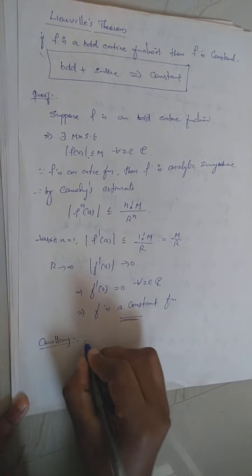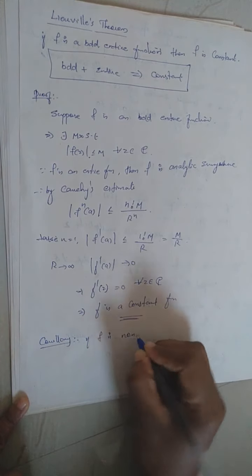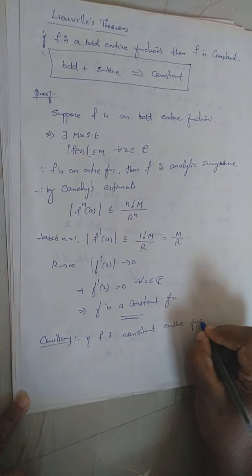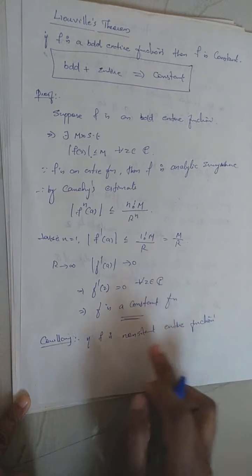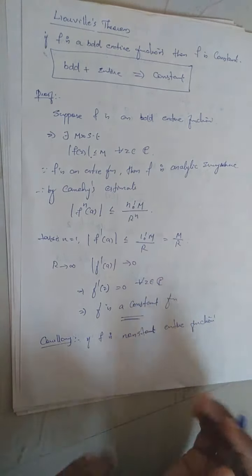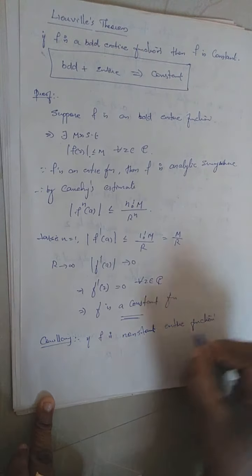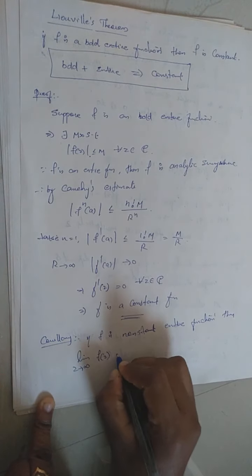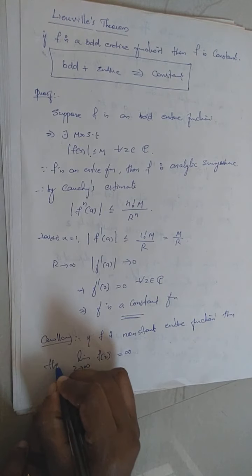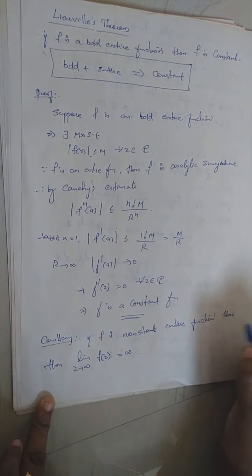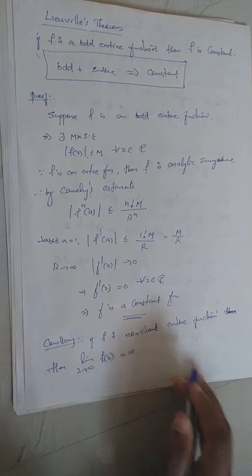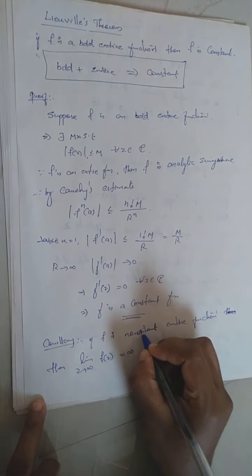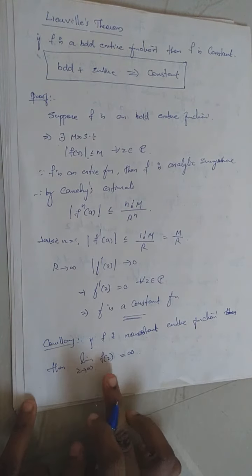It says that if f is a non-constant entire function, that means we are not taking a bounded function, then limit z tends to infinity f(z) is infinity. Suppose there is an entire function which is non-constant, then limit z tends to infinity, f(z) is infinity.